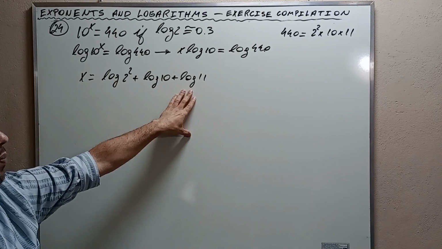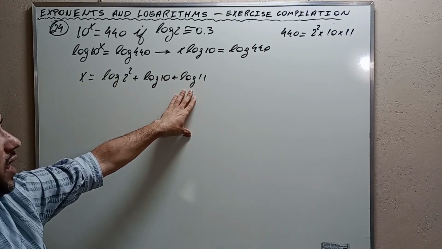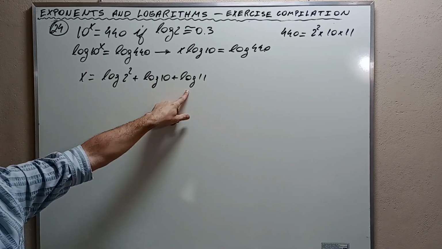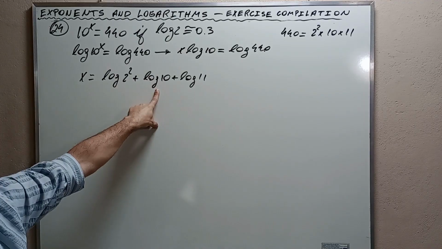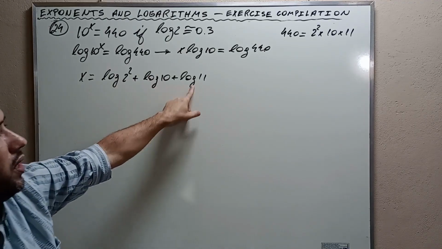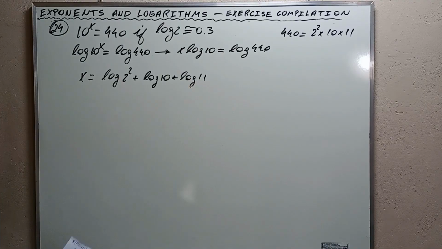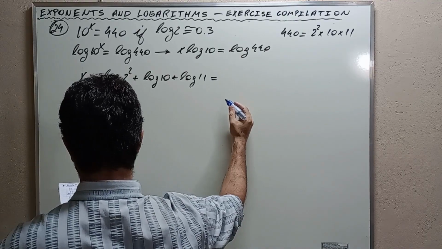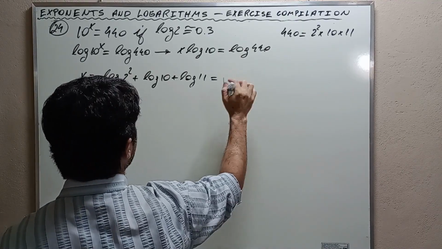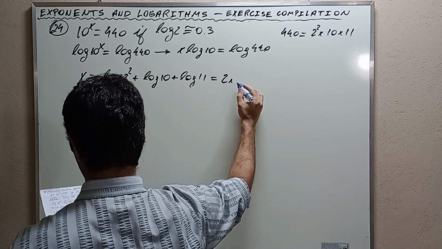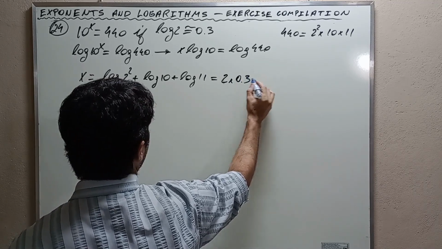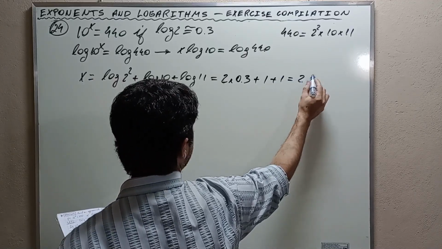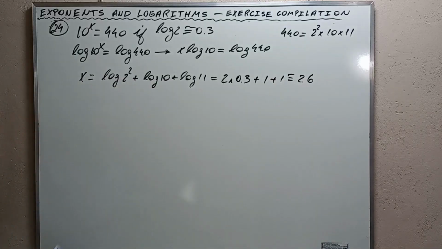We are going to approximate the logarithm of 11 to the logarithm of 10. This is equal to 1 and this is approximately equal to 1. This is precisely equal to 1. It is approximately equal to 1. And then we find that x is equal to 2 times 0.3 plus 1, and this is equal to 2.6 approximately.